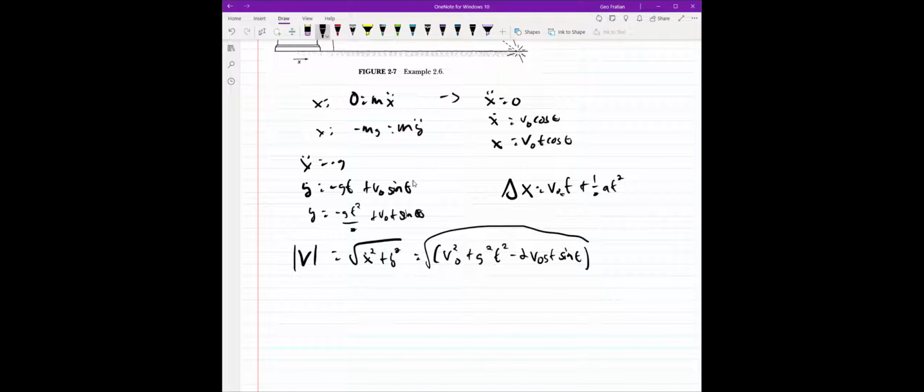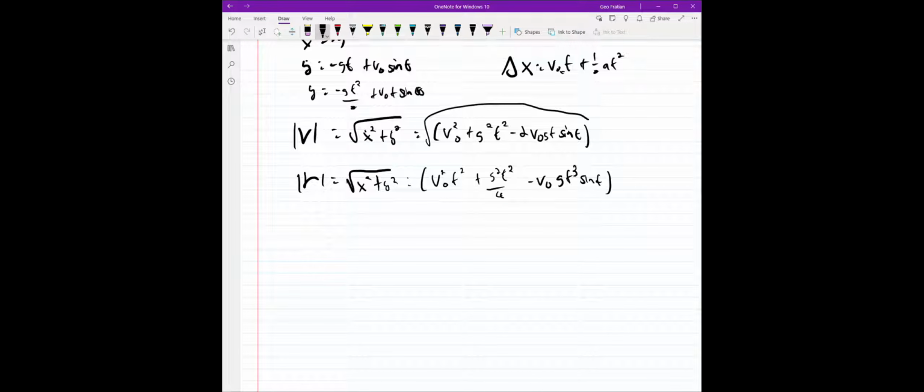And therefore r, again, the magnitude of r, not the vector, is just equal to the square root of x squared plus y squared. And that's just equal to v naught squared t squared plus g squared t squared over 4 minus v naught g t cubed sine theta.